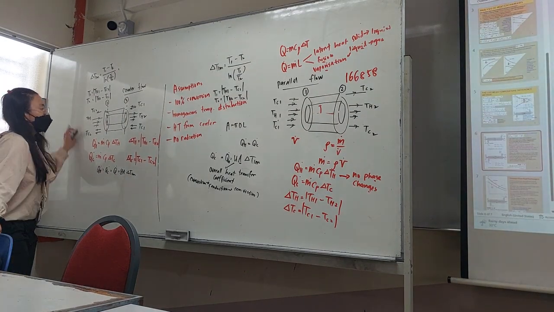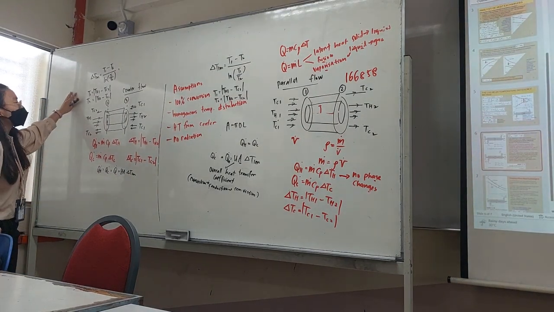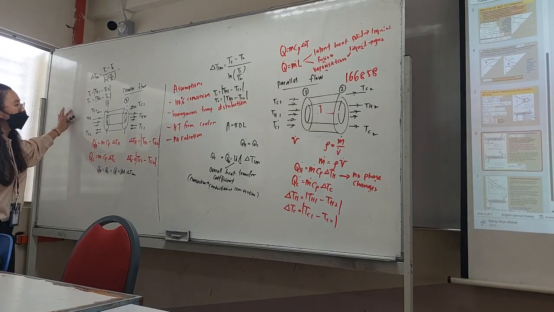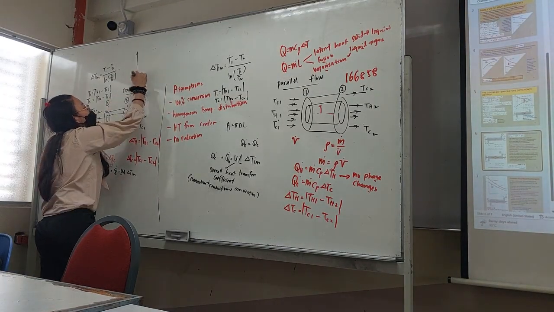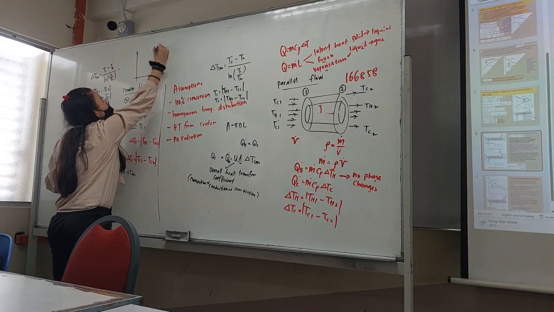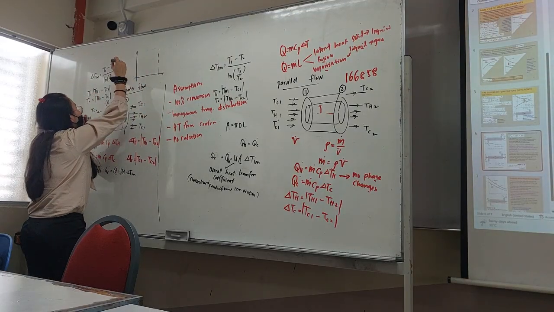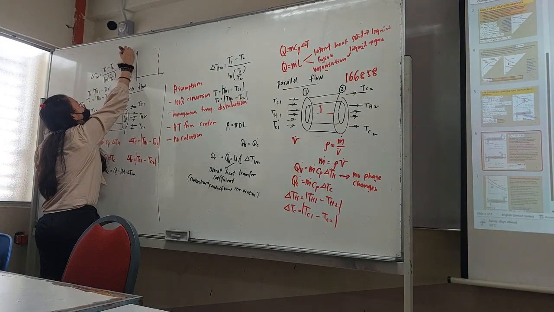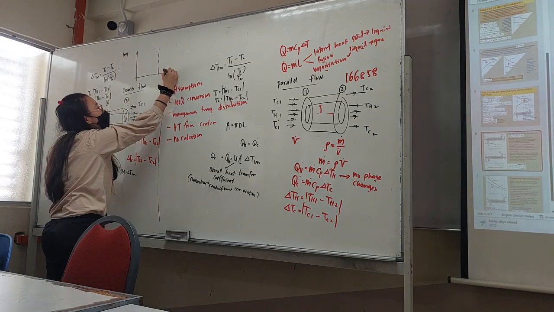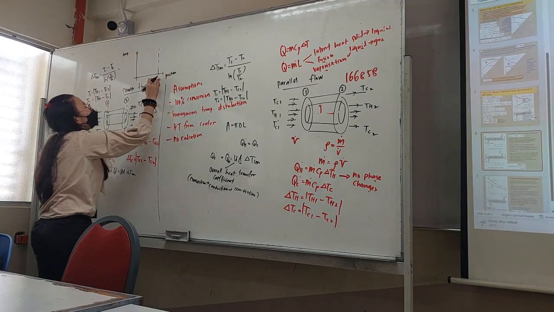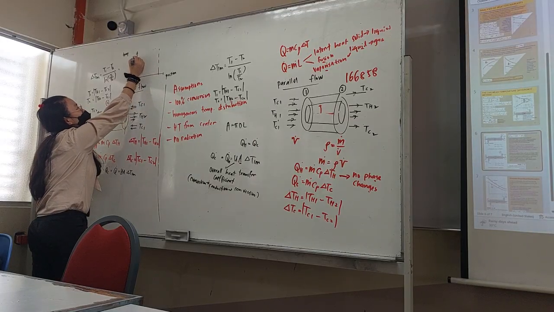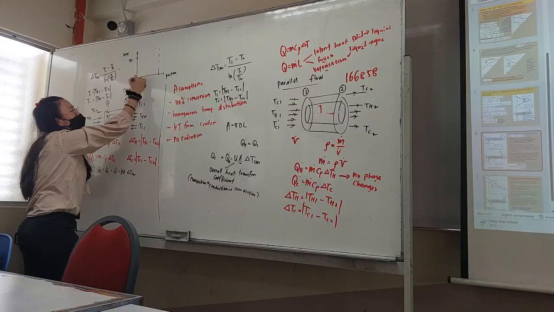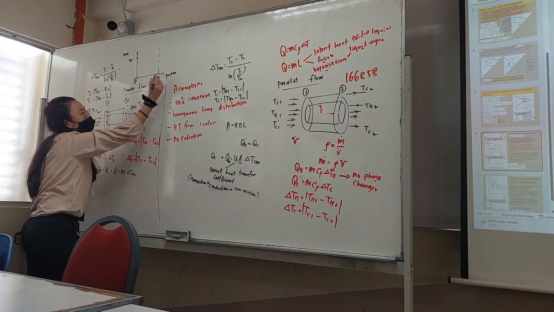Okay, alright. I think some of you make mistakes in sketching the curve. We have the temperature profile, so it is temperature against position. For parallel flow, this is your TH1, because this is your first point and this is your second point.